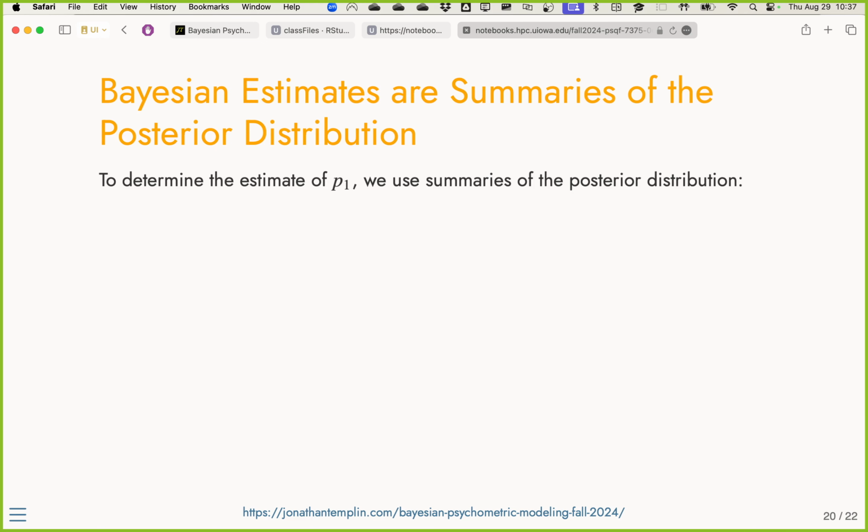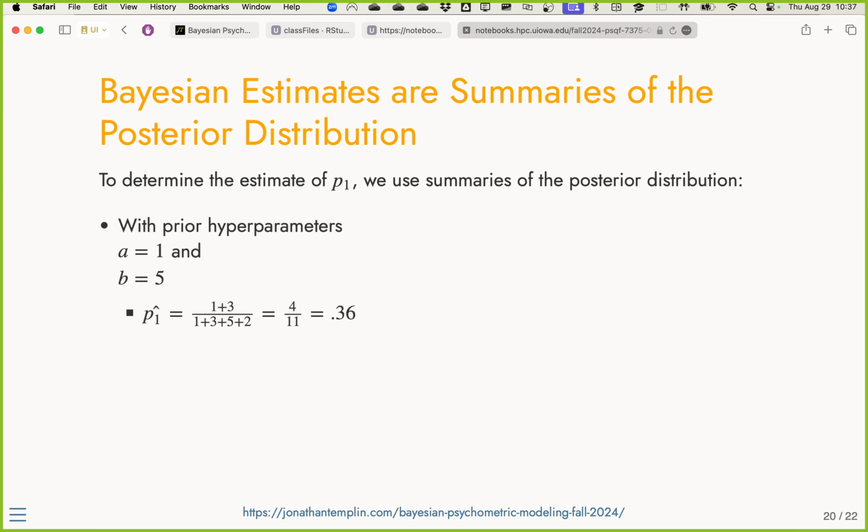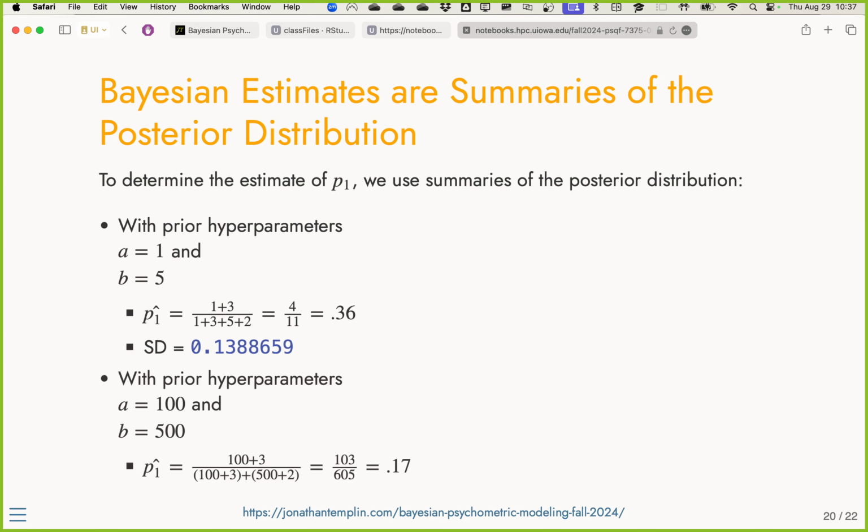All right. So Bayesian estimates themselves are summaries of this posterior distribution, as I just mentioned. So I calculated some of these summaries. So with hyperparameters 1 and 5, the mean, the point estimate, the EAP estimate, turned out to be 0.36. Right? And I calculated it based on the conjugate prior idea. The standard deviation of that estimate was 0.138, kind of wide. With the hyperparameters 100 and 500, the mean was 0.17 and the standard deviation was 0.05.